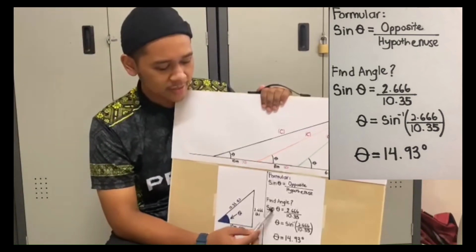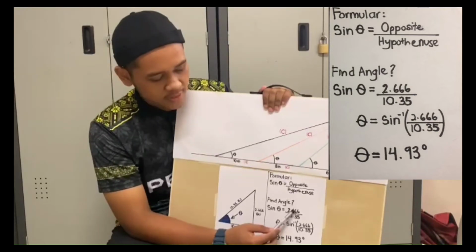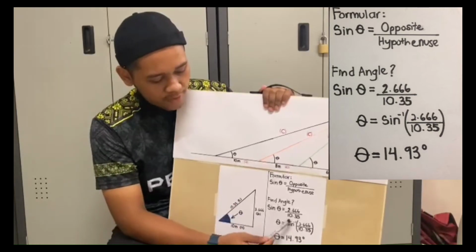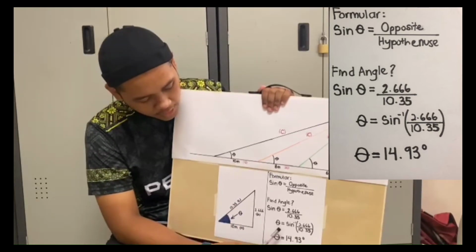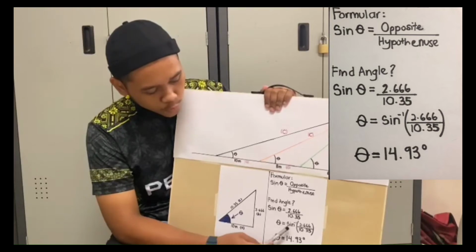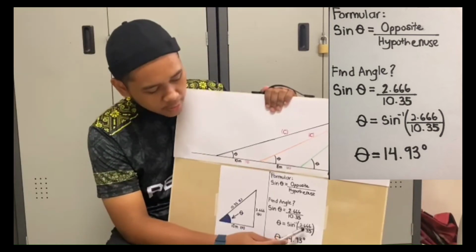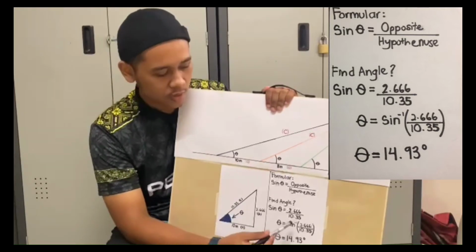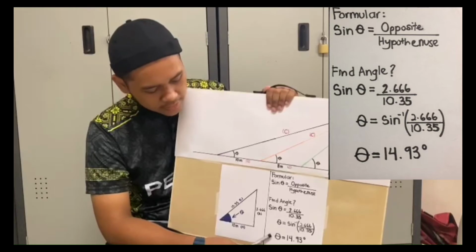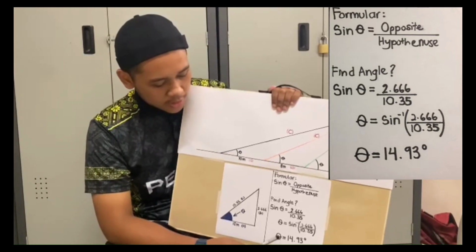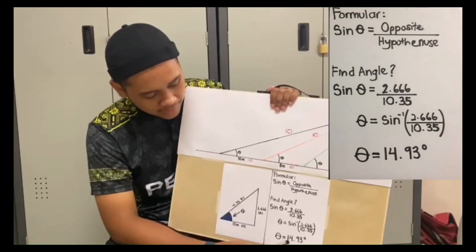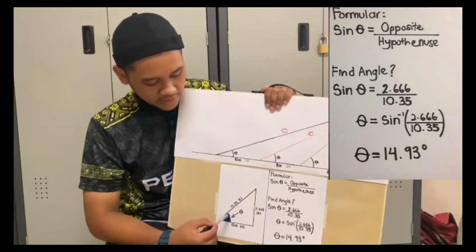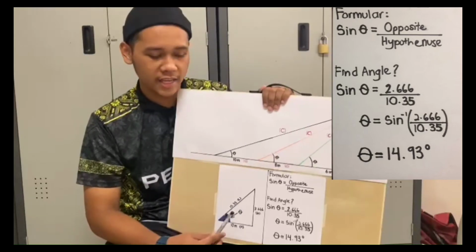So that will be sin theta equal to 2.66 over 10.35, and we bring the sin to the right side, and there will be theta equal to sin inverse in the bracket 2.66 over 10.35, and we count all of this, and the final answer will be theta equal to 14.93 degree, and we find the angle for the last triangle.